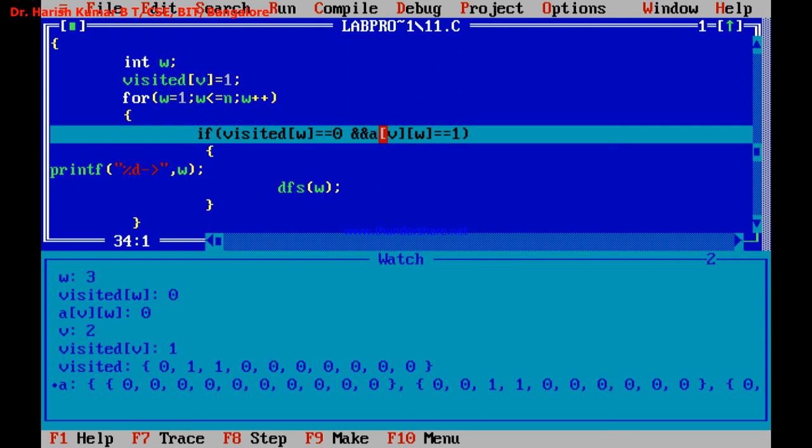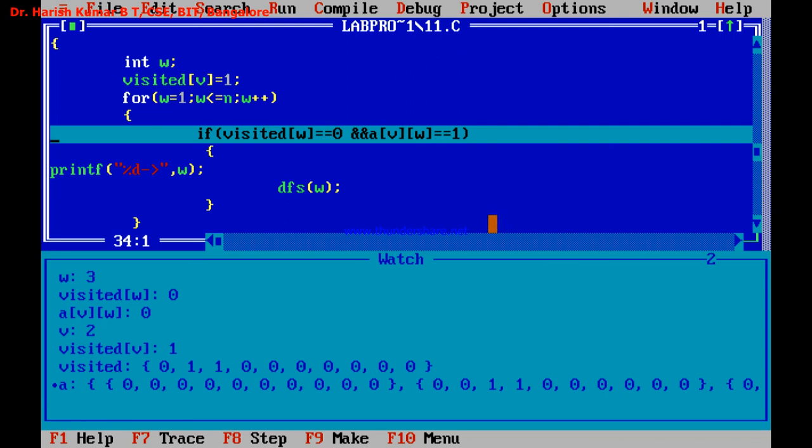First we visited 1 and then we visited 2. So V value is 2 and W value is 3. If there exists a path from 2 to 3, it will be equal to 1. I don't know whether there exists a path from 2 to 3.